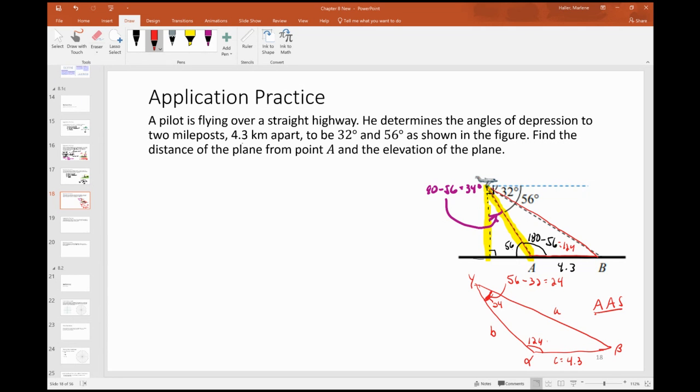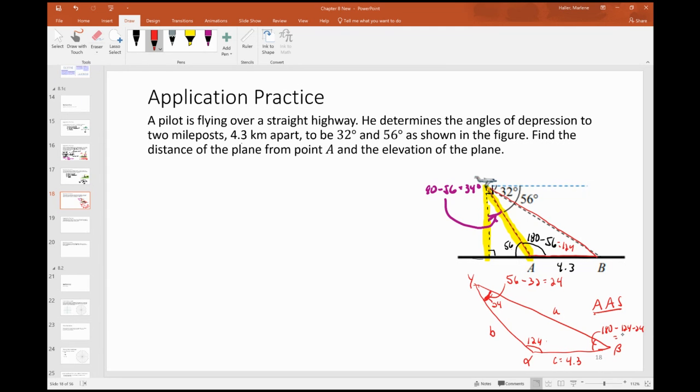Let's go ahead and use the law of sines. We are going to need this third angle though. Not hard. That's going to be 180 minus 124 minus 24, which is 32.